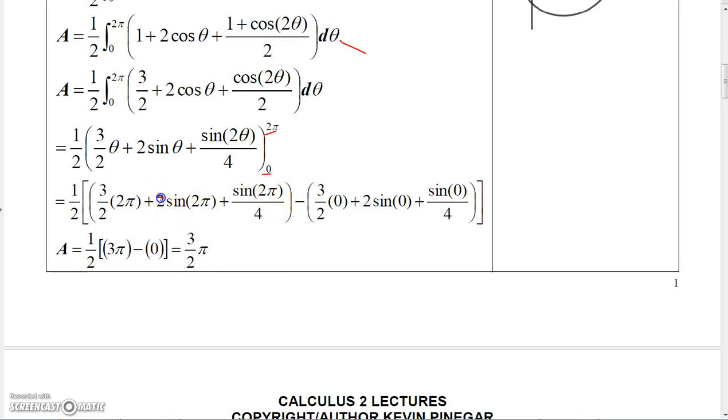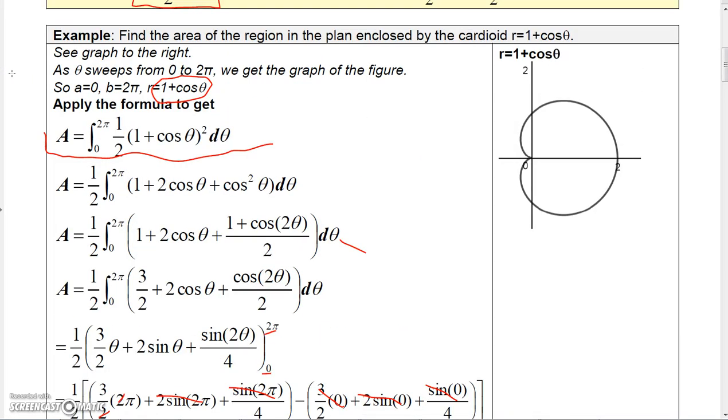Well, these terms are going to be 0 at 2 pi, and at 0 everything's going to be 0. So basically the 2's are going to cancel, and you're going to have 1/2 of 3 pi, or 3 pi over 2 for your area. So that's the area of that cardioid.